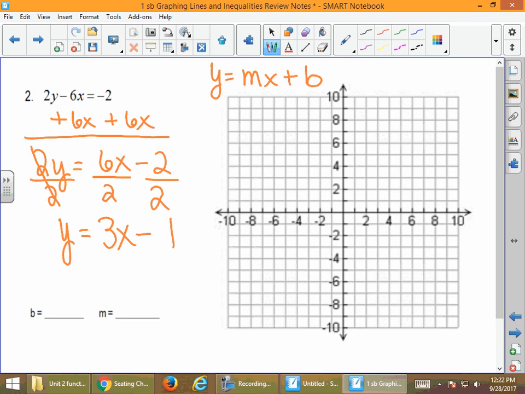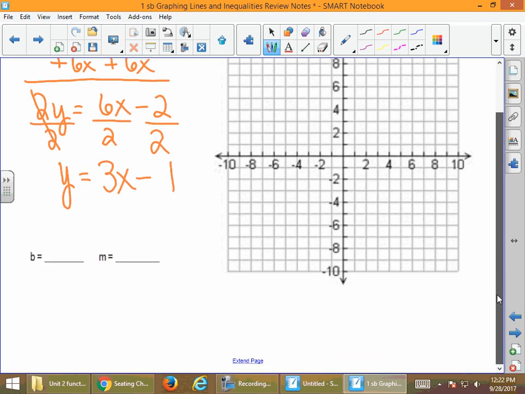Once we solve for y, then we can identify what's the y-intercept, abbreviated b, what's the slope, abbreviated m. Well, is our y-intercept 3 or negative 1? At least say it in your head that it's negative 1. Which means that our slope is 3. And it's fine if you just write down 3.